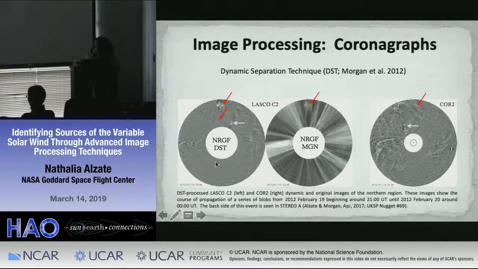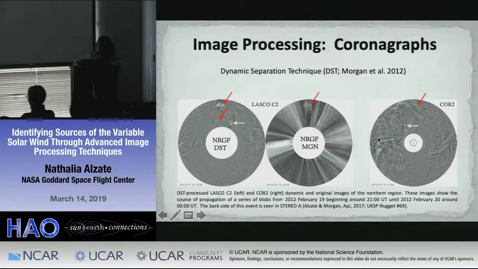There's no cursor, there we go. These two images are LASCO C2 images. On the left, when you apply the DST, you're left with only the stuff that is moving, okay? You're basically subtracting out the quiescent stuff, and you're left with only what's moving, like this and this. If this were a movie, you would see this stuff going out.